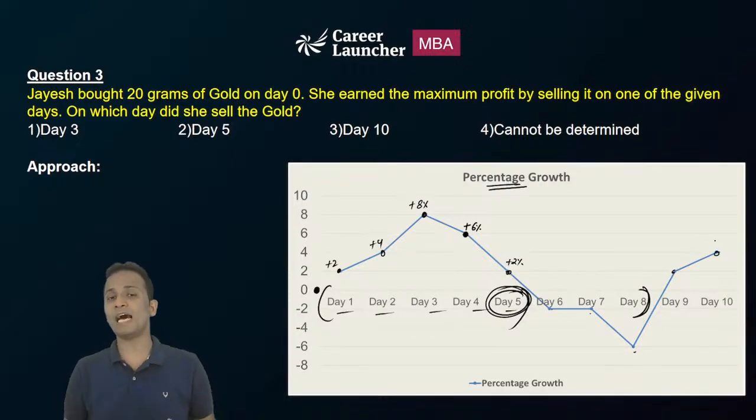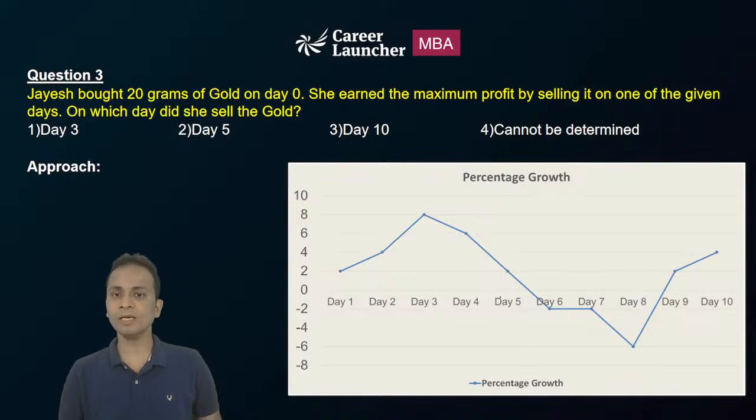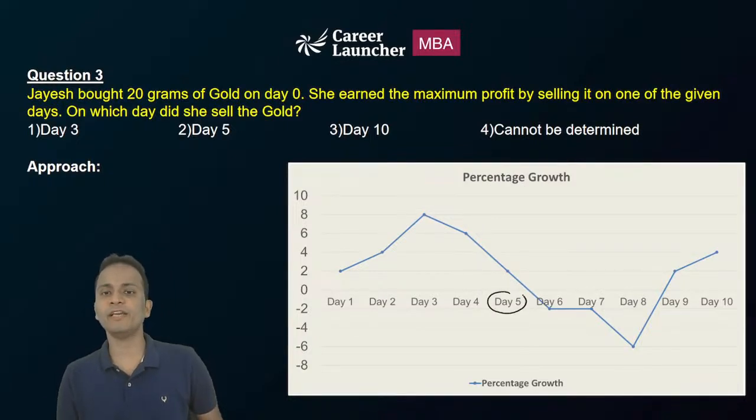So now we'll have to get into a little bit of calculations. Okay, now whatever the price was on day 5, it decreased by 2%, then again decreased by 2%, then again decreased by 6%. Okay, after that it increased by 2% and then increased by 8%.